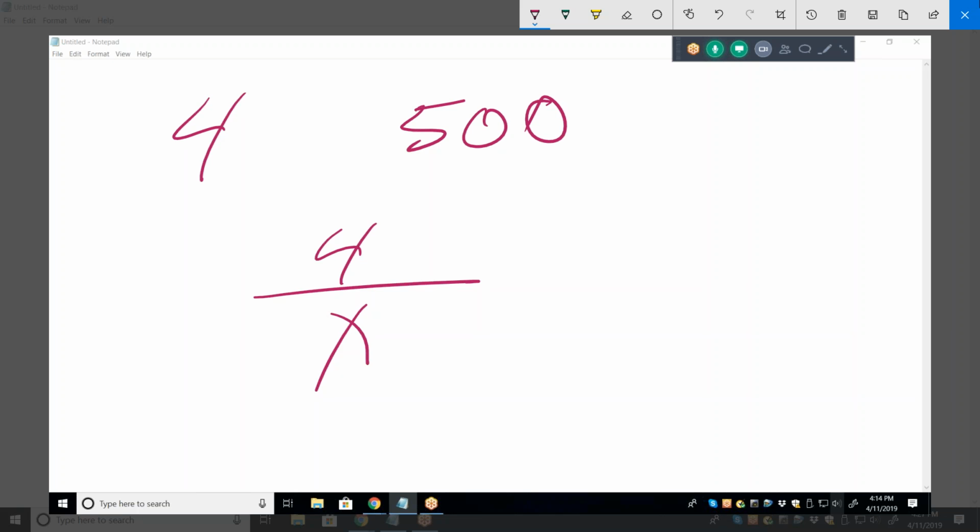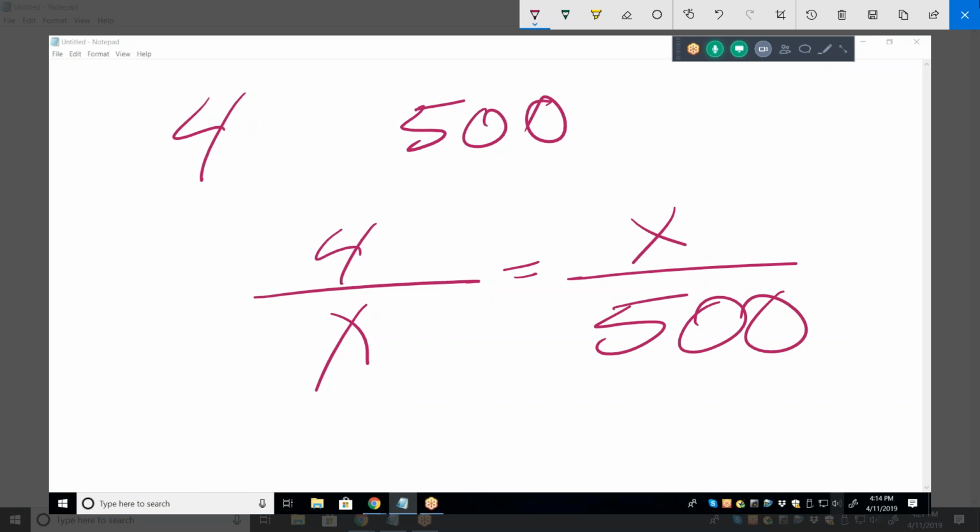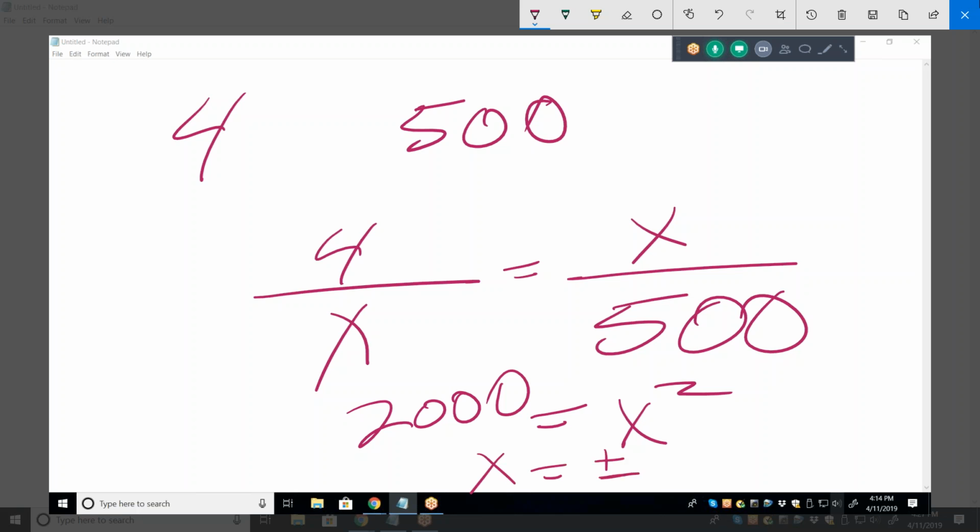If x is the geometric mean, that's what it means. So x squared is equal to 2,000. So x is equal to plus or minus the square root of 2,000.